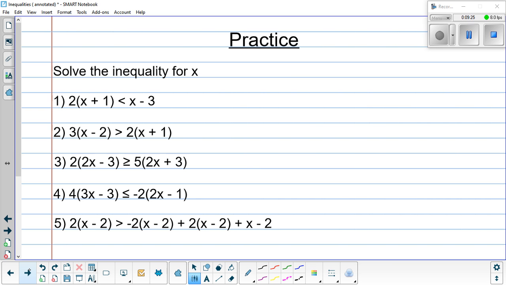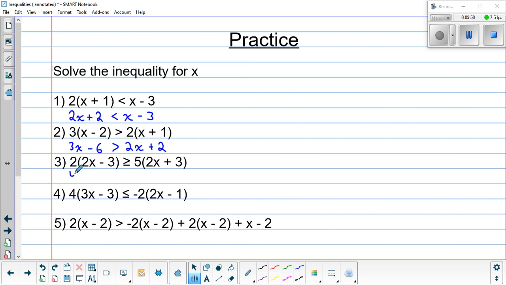Okay, so I'm going to expand all the brackets just below each one, and then we'll work on solving for our x. So here, we're going to get 2x plus 2 is less than x minus 3. Here we'll get 3x minus 6 is greater than 2x plus 2.